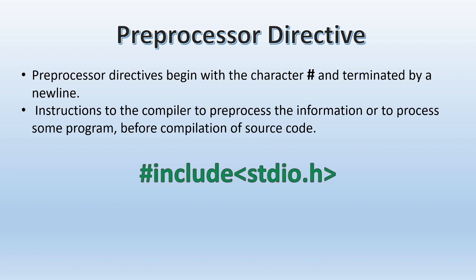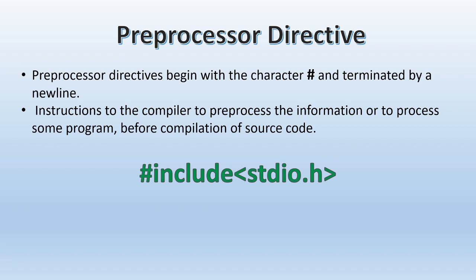In the previous discussion, I talked about the preprocessor directive. A preprocessor directive begins with the character hash, and is terminated by a new line, that is, an enter. These are basically directions or instructions given to the compiler to preprocess the information or to process some program before compilation, that is, before processing. That's why the name suggests preprocessor.